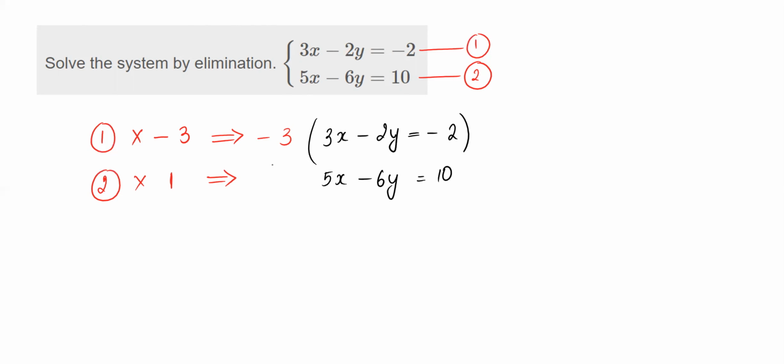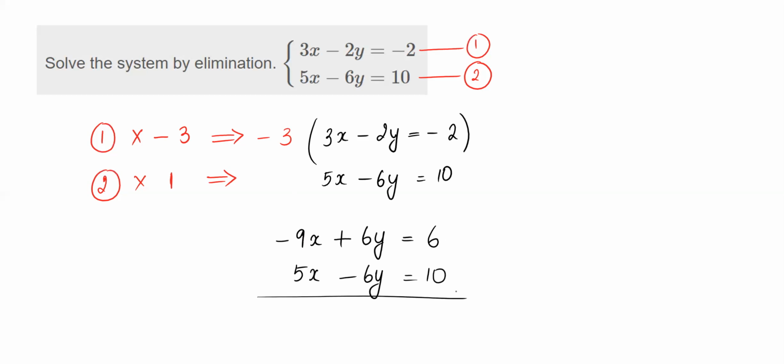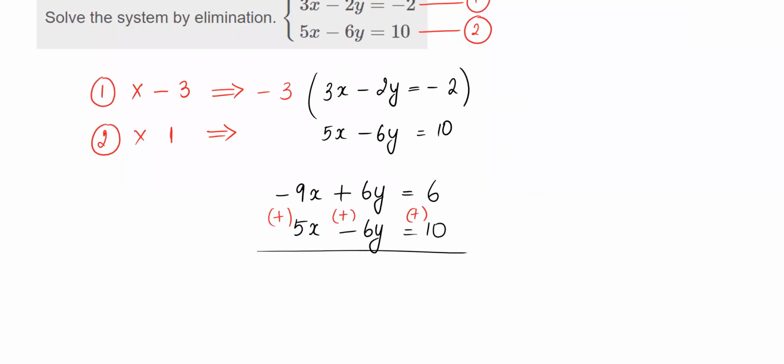So let me rewrite them after distribution. So that's going to be negative 3 times 3x is negative 9x. Negative 3 times negative 2y is positive 6y equals negative 3 times negative 2 is positive 6. 5x minus 6y equals 10. Remember, we're adding them because we already took care of the minus when we multiplied. It's always adding. That's why it's also called the addition method.